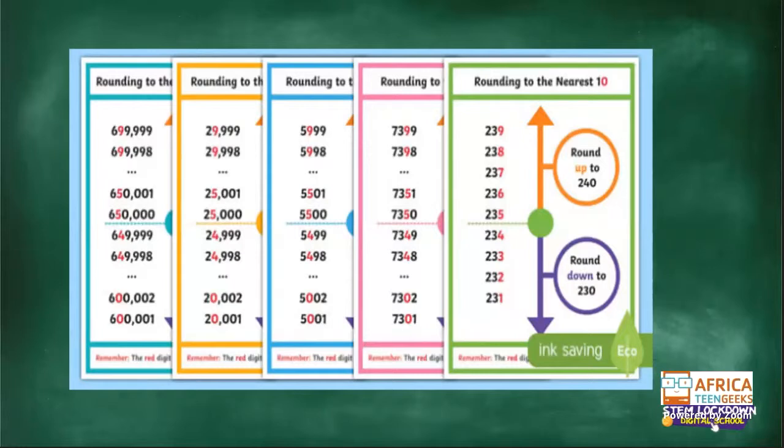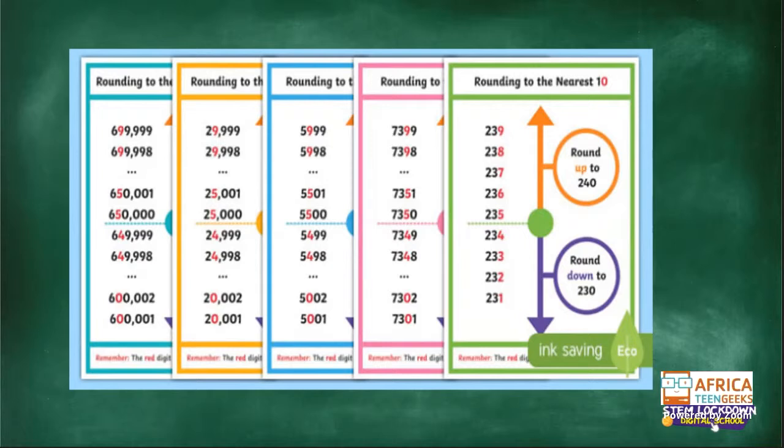We will round down to 230 because it is less than 5. The unit number which we are looking at, because we are rounding off to the nearest 10, is less than 5. So anything from 4, 3, 2, 1, those numbers will be rounded down.